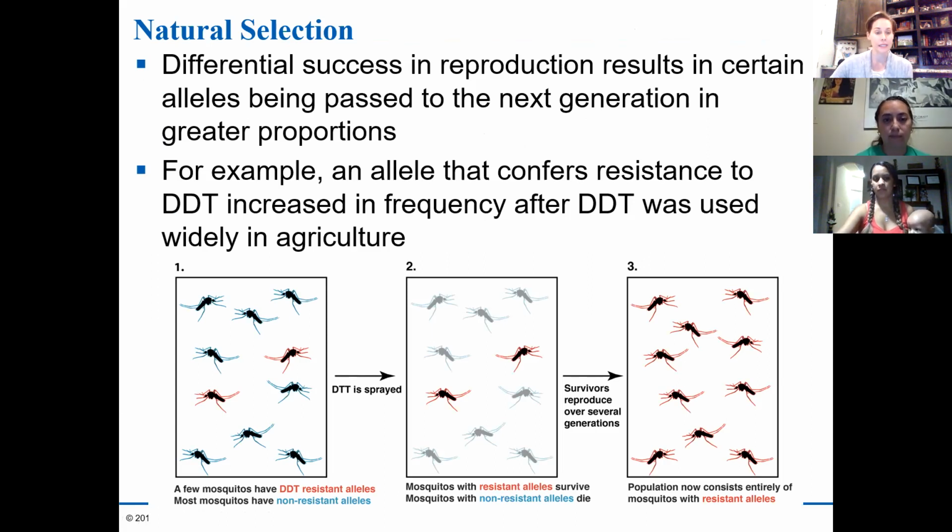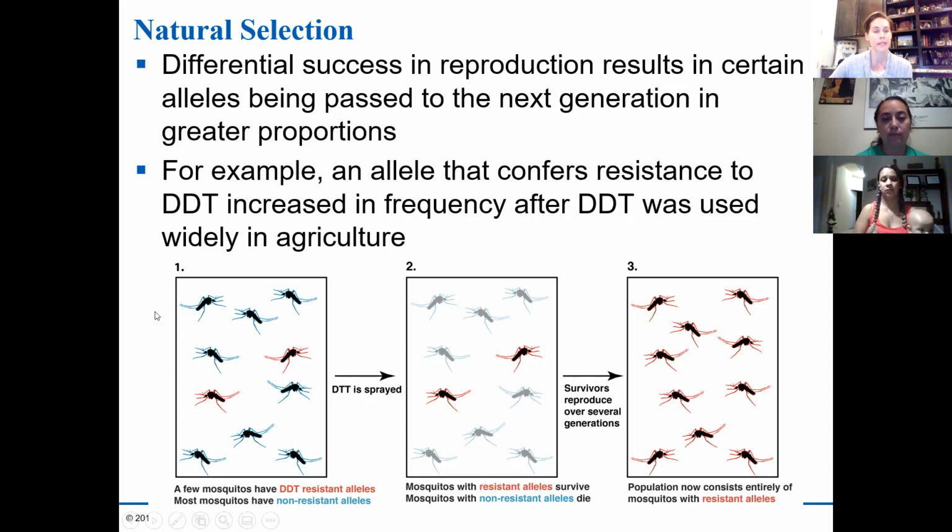In this example, we've got a bunch of mosquitoes, and back in the 60s we were using DDT, a very powerful and effective pesticide, but it was overused and we had insect resistance to it. DDT was used in farms, and in this example it was used to control mosquito populations.